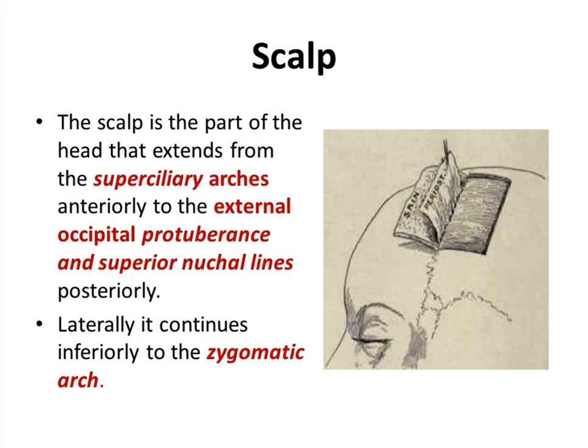Laterally, it continues inferiorly to the zygomatic arch. These are the boundaries of the scalp. Anteriorly it starts from the superciliary arches and posteriorly to the external occipital protuberance and superior nuchal line. Laterally, it continues with the zygomatic arch.